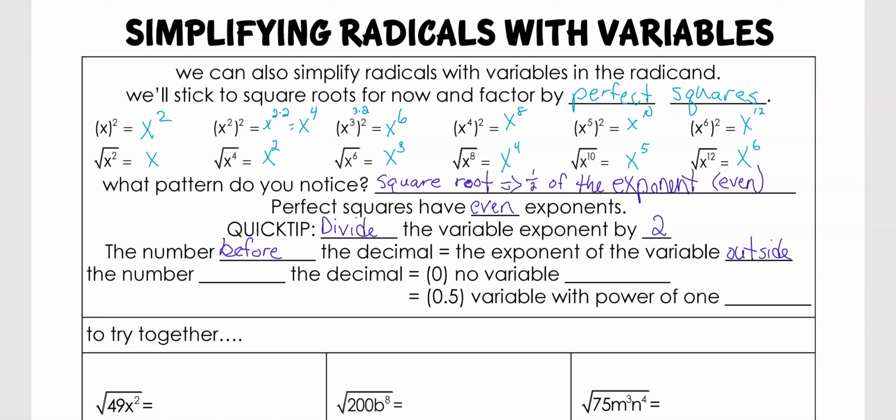So if you divide by 2 and you have a remainder, what's in front of the decimal goes outside, and that lets you know what the remainder is. If the number after the decimal is 0, there is no variable inside, and if it's 0.5, the variable is inside with a power of 1. We'll have a couple of examples to go.